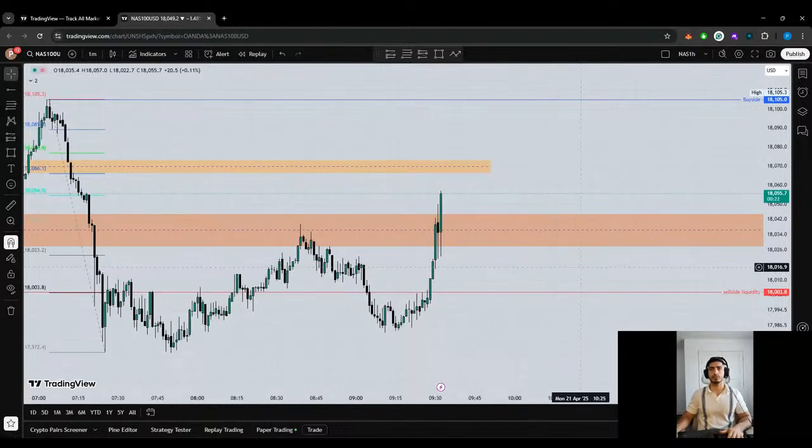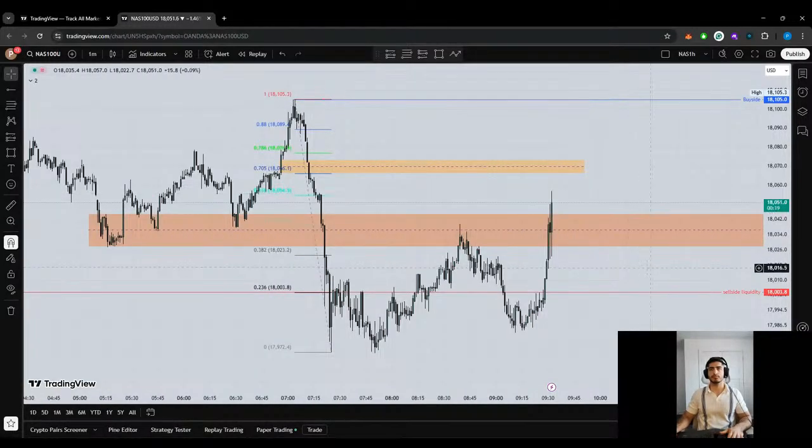Nice little push coming up. It hit the 61% retracement.